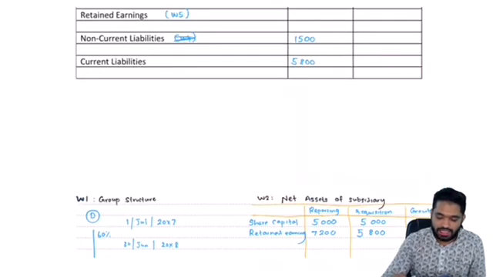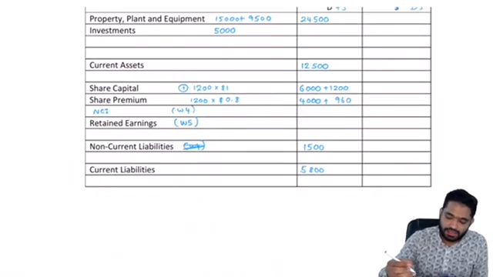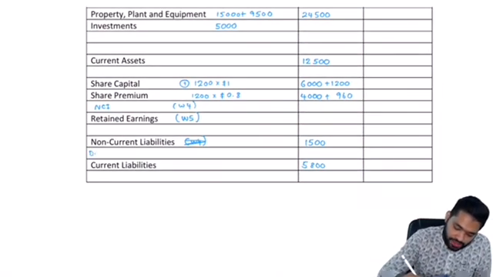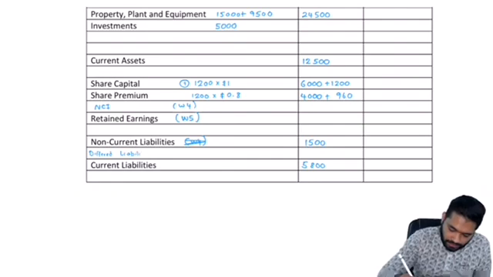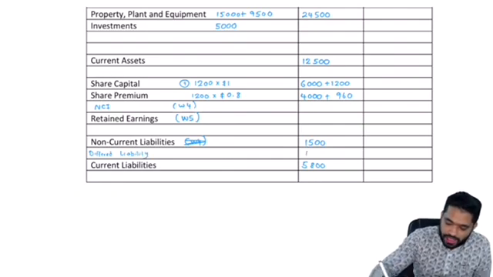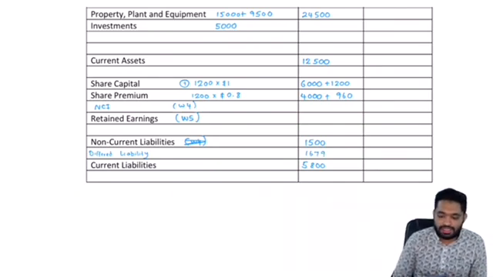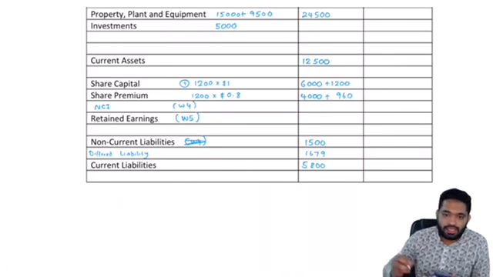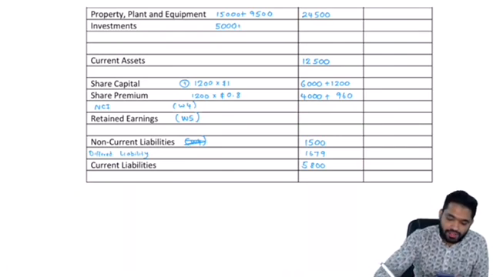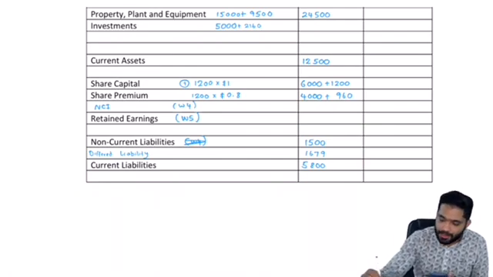So you'll be recognizing a new liability, which is your deferred liability. Your deferred liability is going to be 1679. Okay. So if you look at the investments, your investment is going to increase by 2160, which is coming from the share issue, 1200 plus 960.